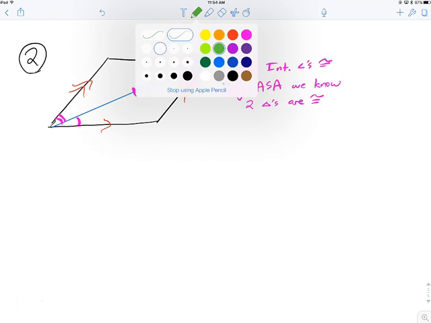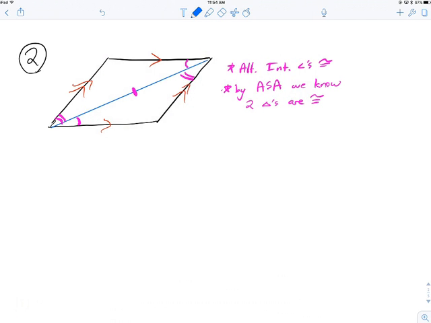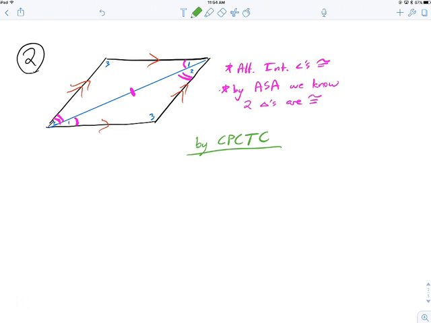Okay, so let's see what we can gather from that. Actually, let's do it in blue here, I'll just label this angle 1, angle 2, angle 3. This is angle 1, angle 2, angle 3. Then what we know is by CPCTC, if we have two congruent triangles, then every part of those two congruent triangles must be congruent.